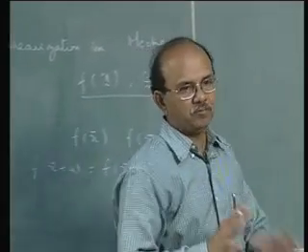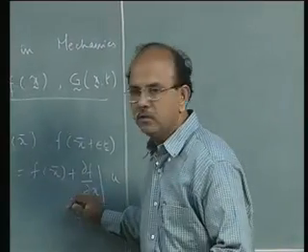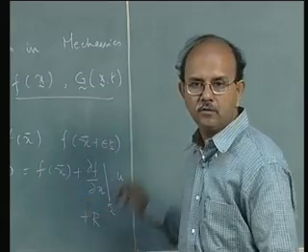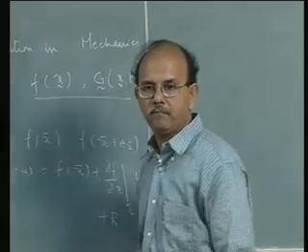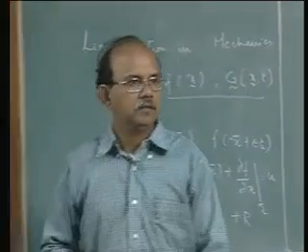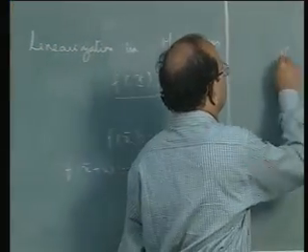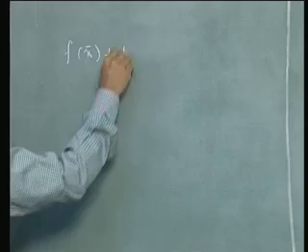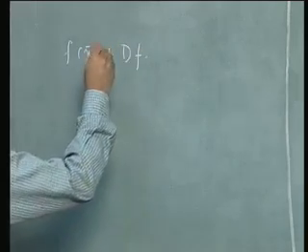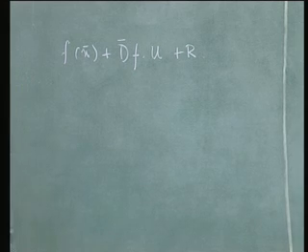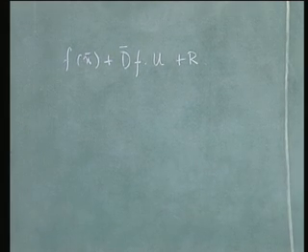Linearization means simply that we are going to restrict our attention to this first term. We are not going to go ahead with the higher terms. So this term is also written as f of x bar plus df dot u plus the higher order terms.